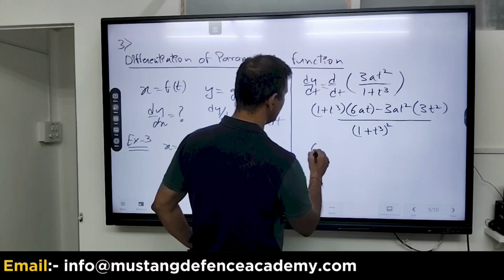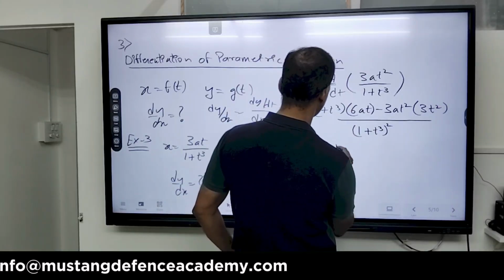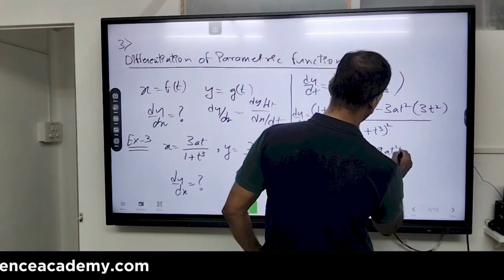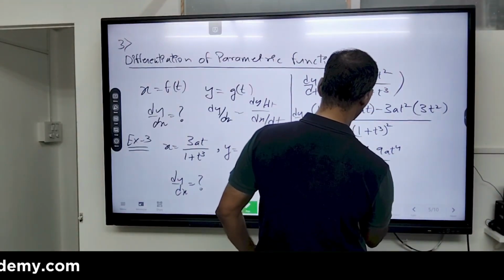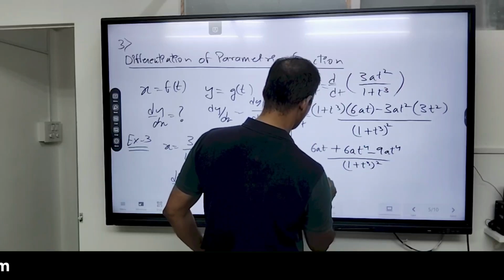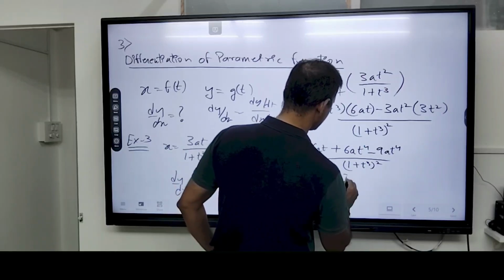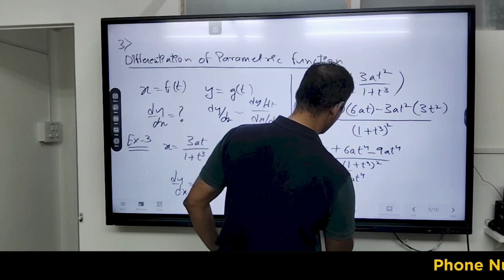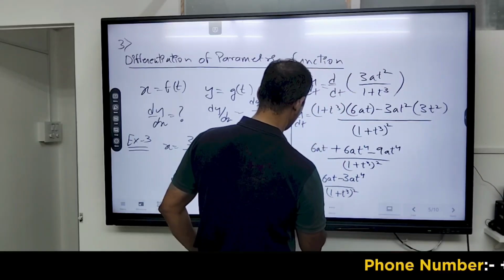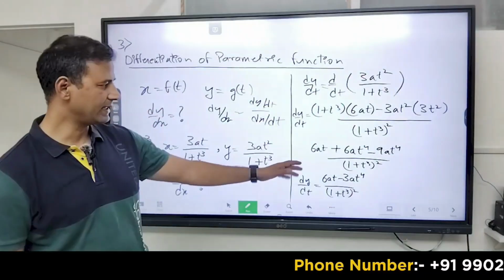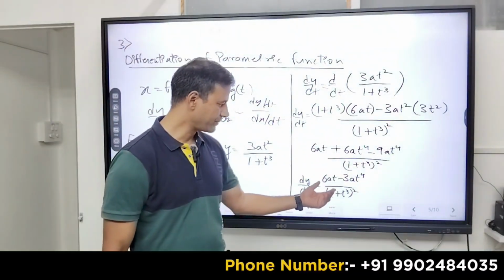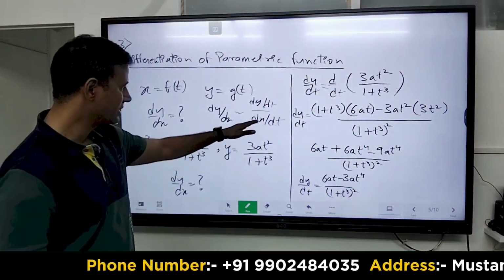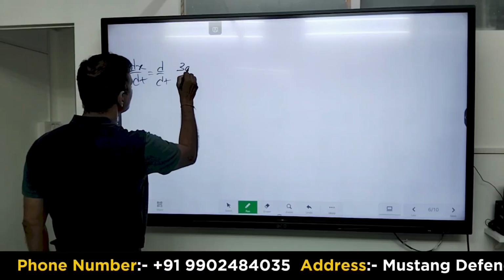This would be equal to 6at plus 6at raised to 4 minus 9at raised to 4, the whole upon 1 plus t cube the whole square. So this is equal to 6at minus 3at raised to 4 upon 1 plus t cube the whole square. This is dy by dt. Now let us see what is dx by dt.